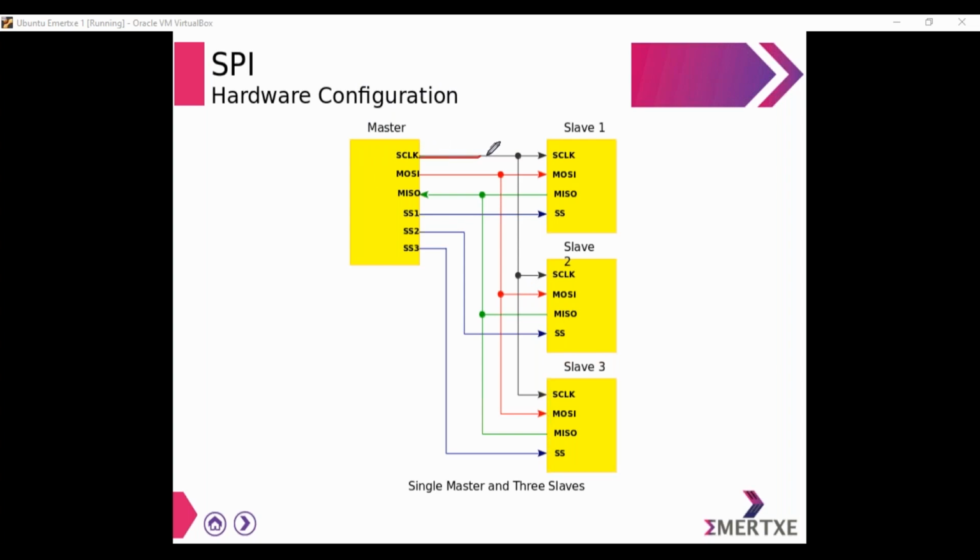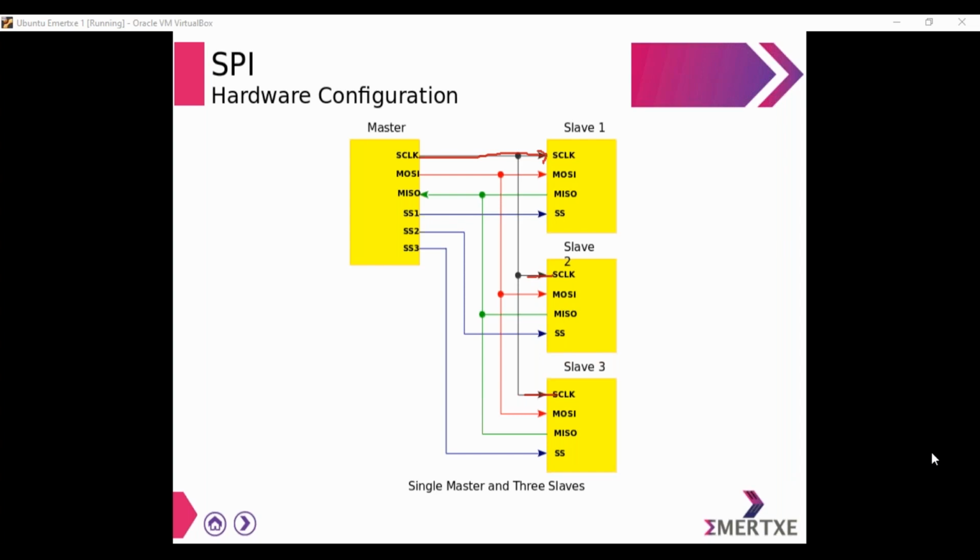From the master, the clock line goes to slave 1, the same clock line goes to slave 2, and to slave 3. So the same clock pulse is shared by all the slaves. Anyways, the communication is happening between one master and one slave at a time.